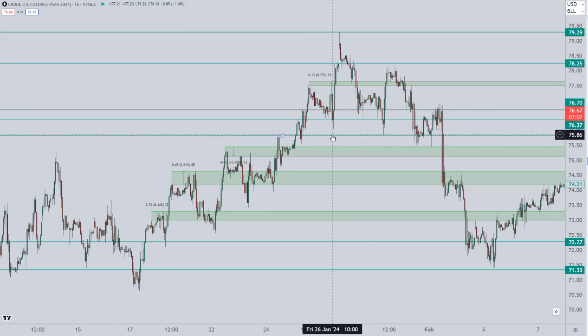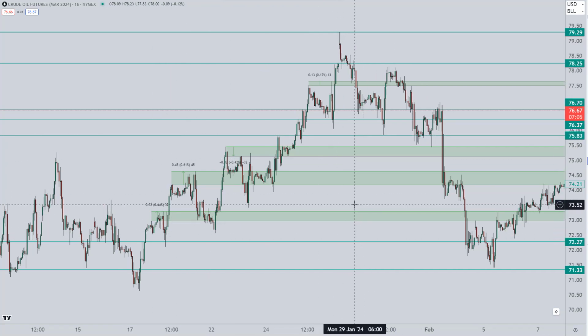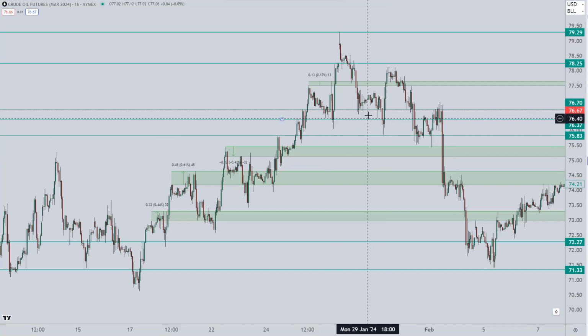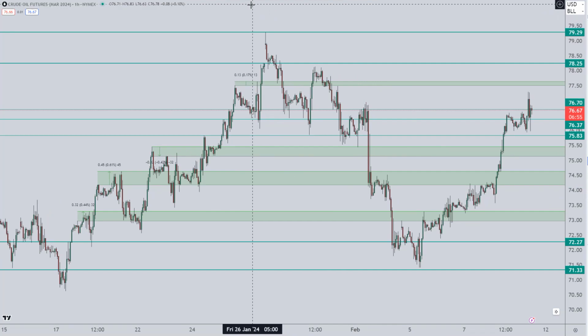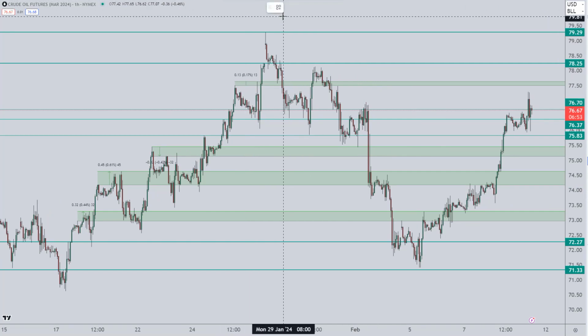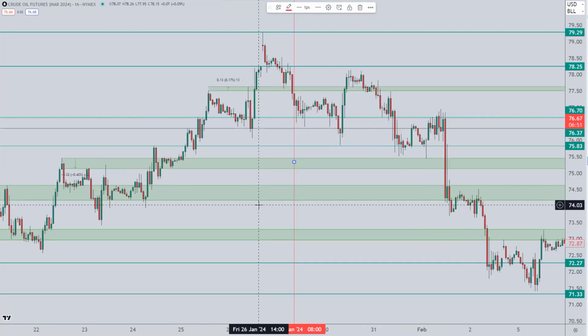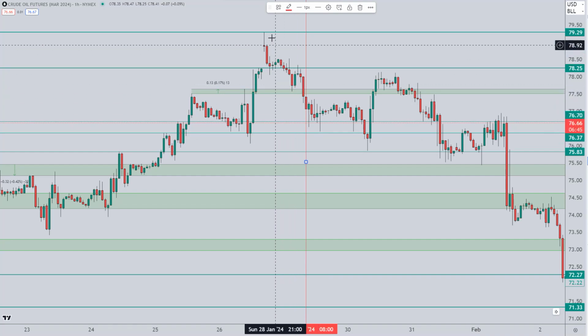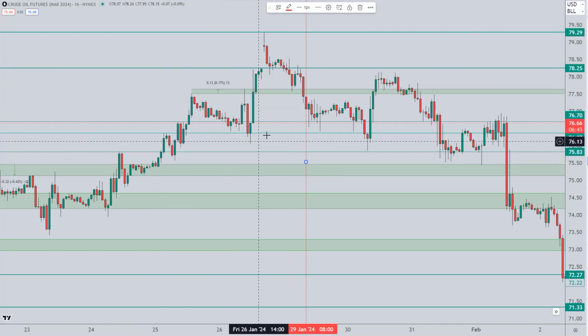Another thing that we can do to clean the chart up is to only use the levels that are by the price action. So in other words, let's say that this vertical line right here is the current, let me zoom in, this is where the market's trading at right here, just as an example. So we would only use support or resistance that we're getting from right here.